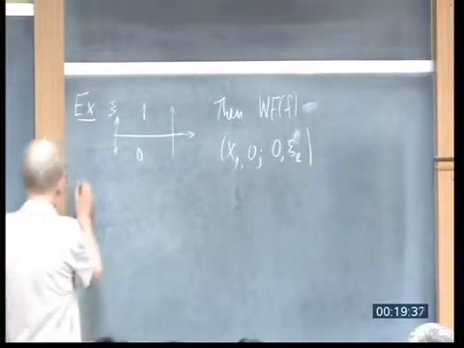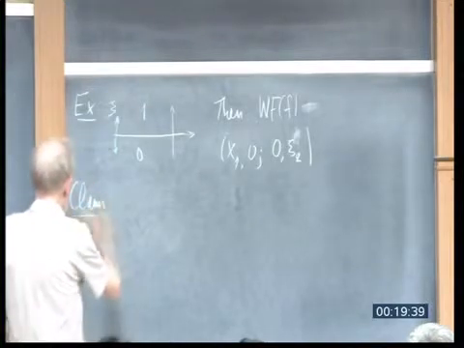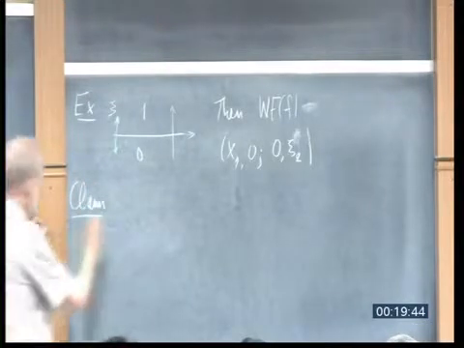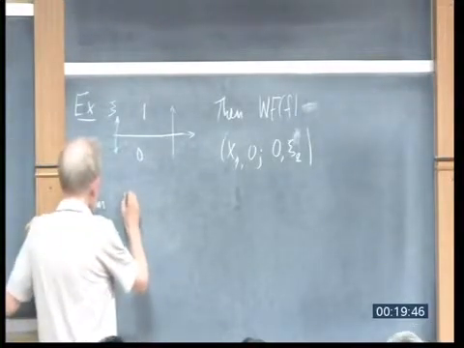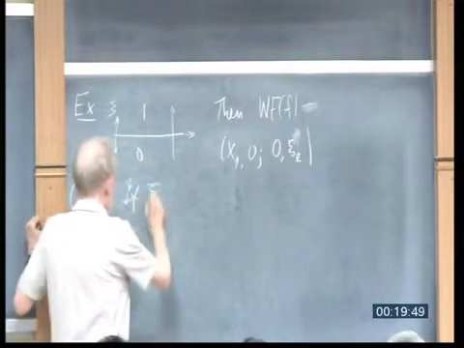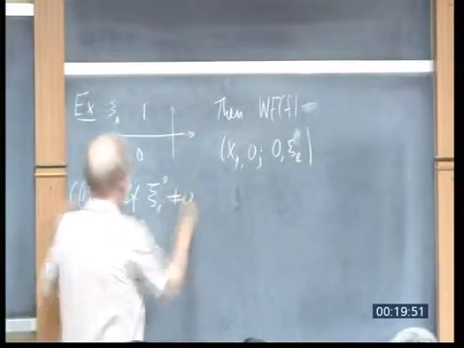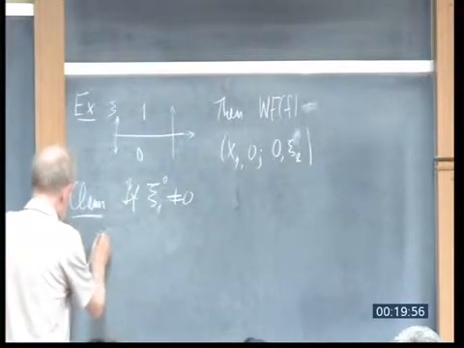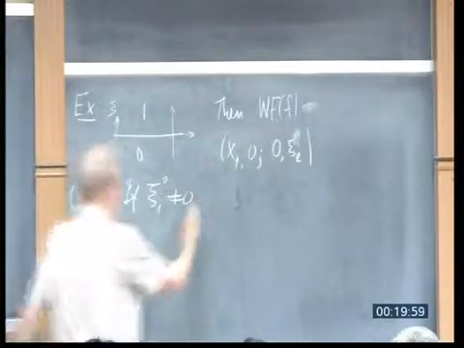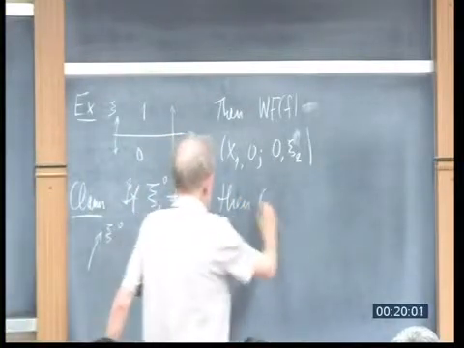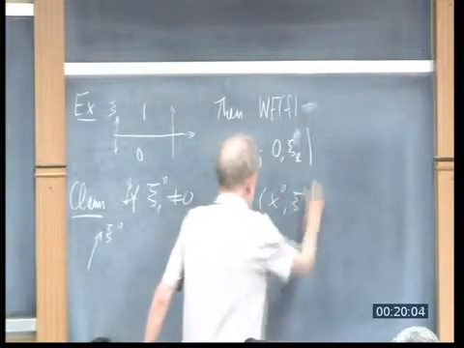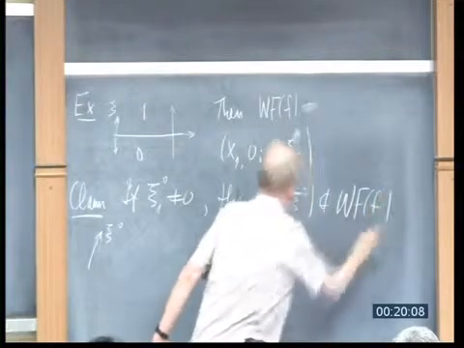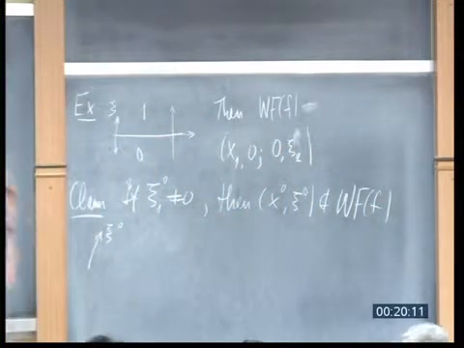I want to verify that if xi0 is not in that direction, but like this, then this pair is not in the wavefront set.